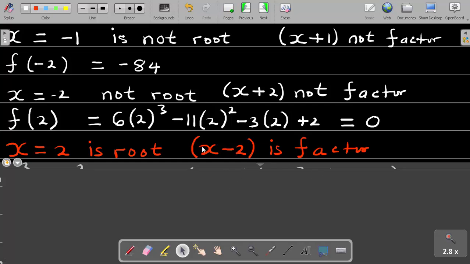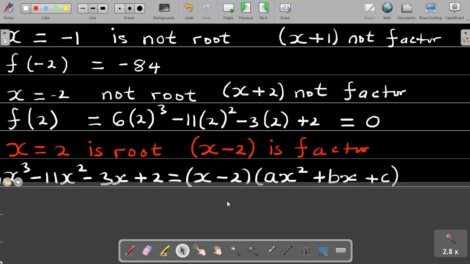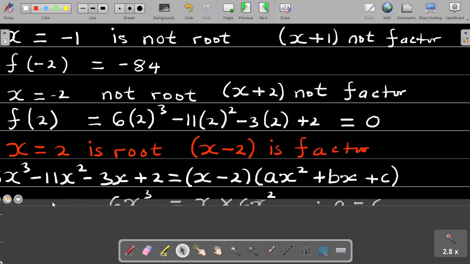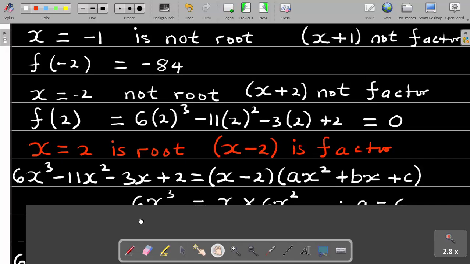So after getting my linear factor, I rewrite: 6x cubed minus 11x squared minus 3x plus 2 is the same as the linear factor x minus 2 multiplied by the quadratic expression now.